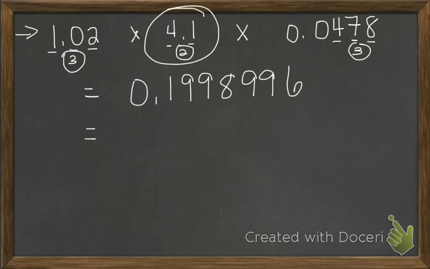Remember, zeros at the beginning of a number are not significant. They're just placeholders. I'm only going to report 2 sig figs, and in this case, I'm also going to have to round. So this number would be reported as 0.20. Zeros at the end of a number are significant if they also come after a decimal. That answer has 2 significant figures, and that would be the correct way to report that answer.